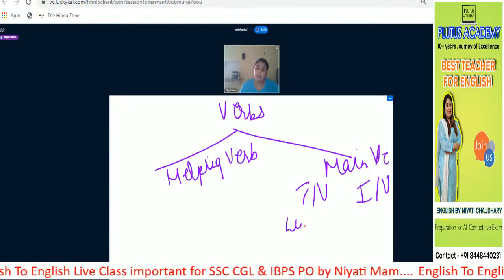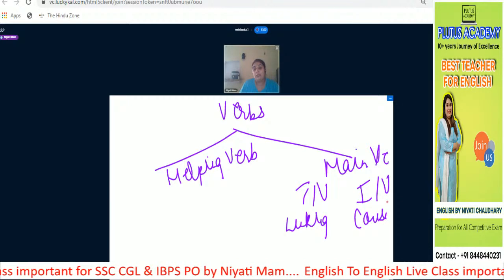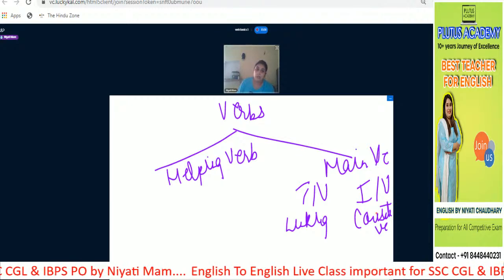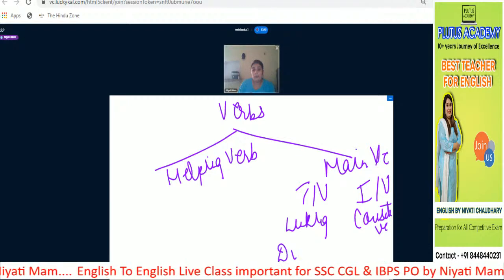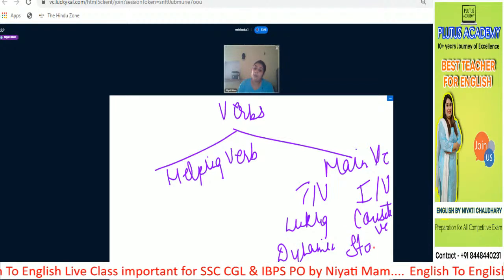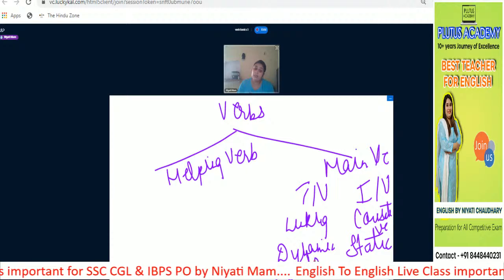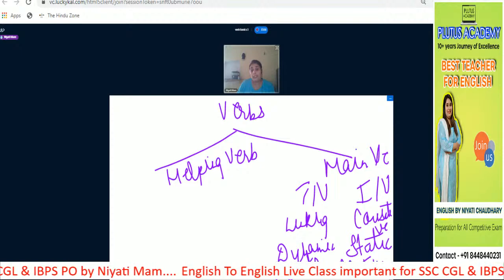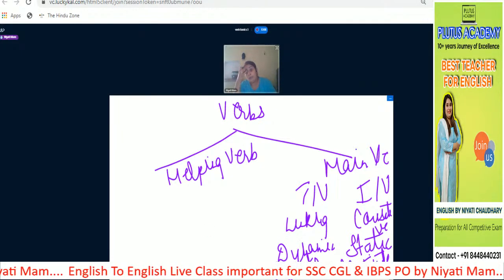Intransitive verbs are there. Linking verb is there. Causative verb is there. Dynamic verb is there. Static verb is there. Finite verbs are there. And finally, non-finite verbs are there. So these eight are all the parts of main verbs.